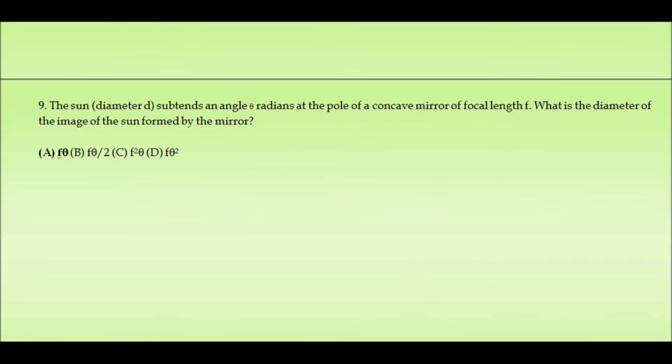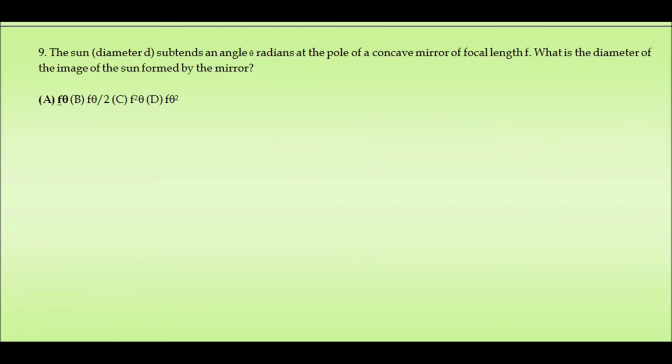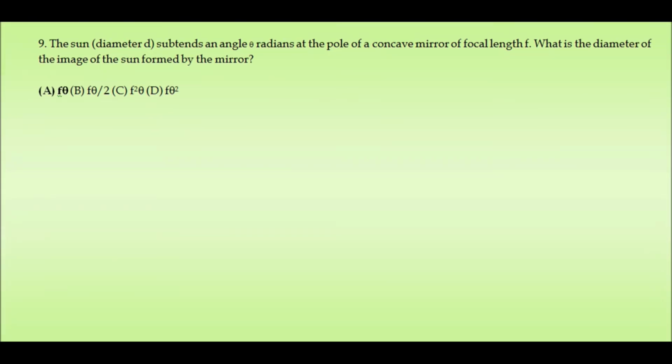Now the next problem is: the sun having diameter d subtends an angle theta radians at the pole of a concave mirror of focal length f. What is the diameter of image of sun formed by the mirror? So the figure pertaining to this problem is, this is the concave mirror, and as the light ray is coming from the sun, it is far away.